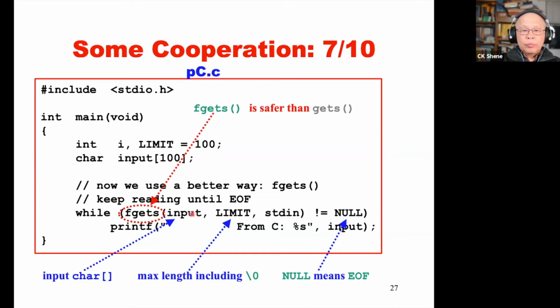So we break this while loop. So this means as long as there is something in the stdin, we read into the input array and print this input array by adding some indentation from C and so on. So this program is even easier than pb.c.